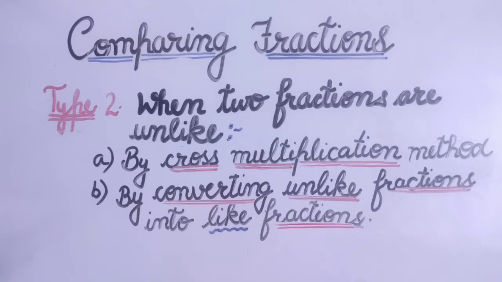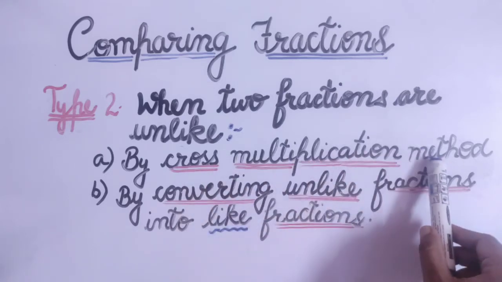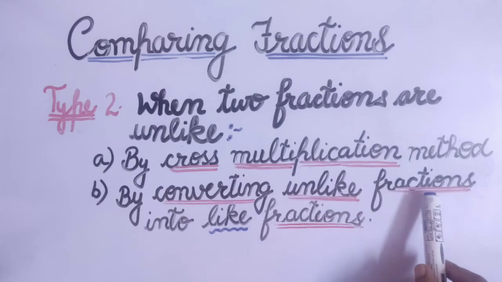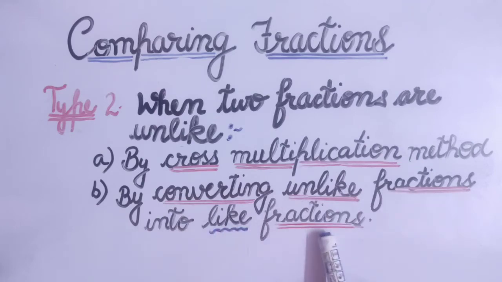There are two methods. The first is the cross multiplication method, and the second is converting unlike fractions into like fractions.